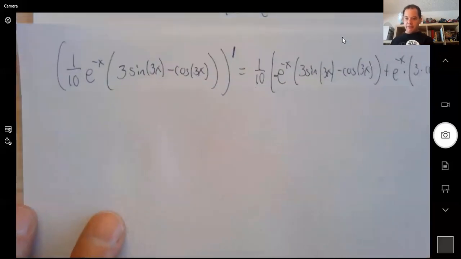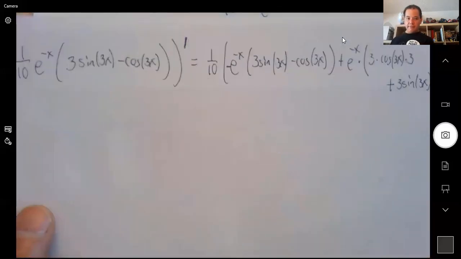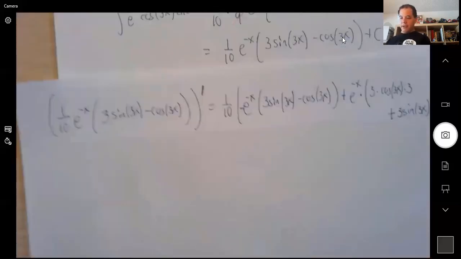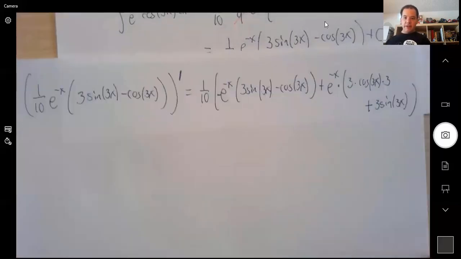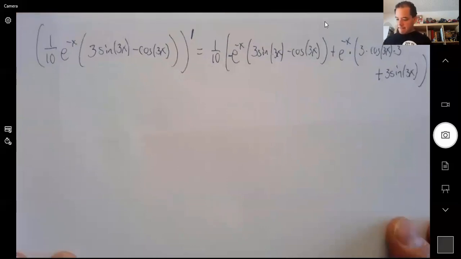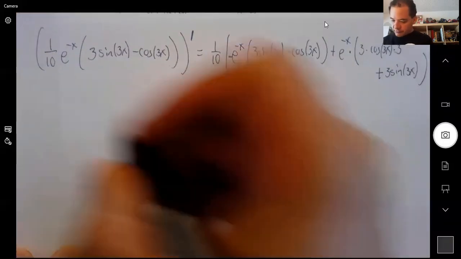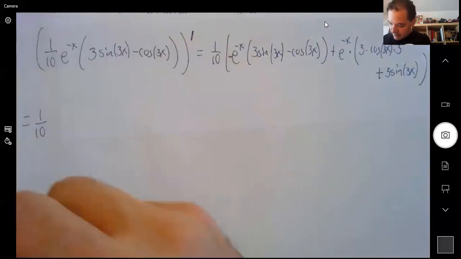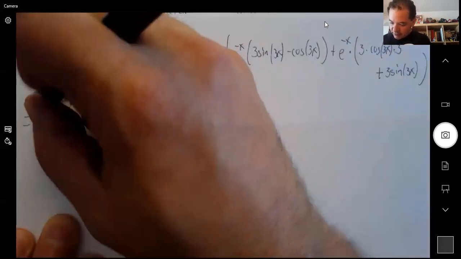So now let's see if we can simplify this. There's a 1/10, and we can factor out an e to the negative x.